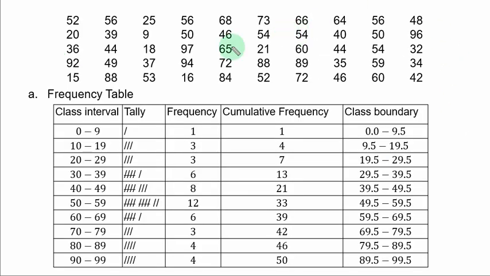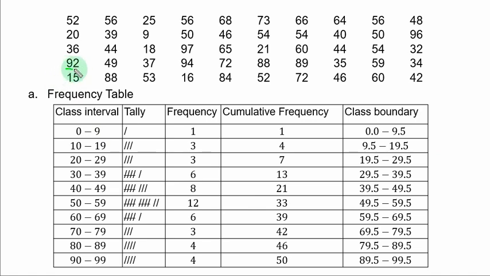A part is to construct a frequency table. Now we have the class interval 0 to 9, 10 to 19, 20 to 29 as the sample given in the question. If you look at the data set, 92 is there.